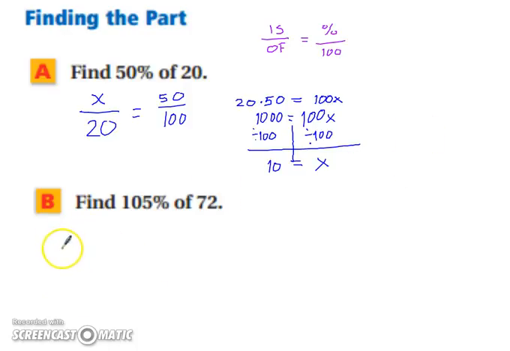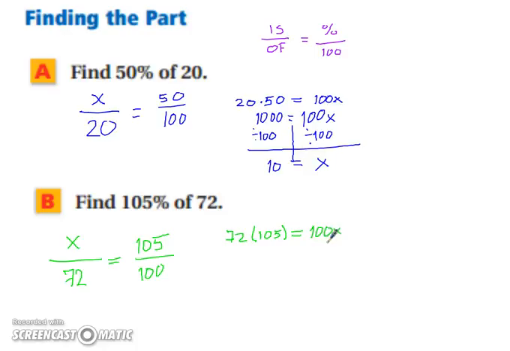Now that you've had a chance to try this one on your own, let's try it together. Alright, so we have our unknown out of our total or our whole of 72. So part to whole equals 105 over 100. And we can cross multiply. So we have 72 times 105 equals 100 times x.